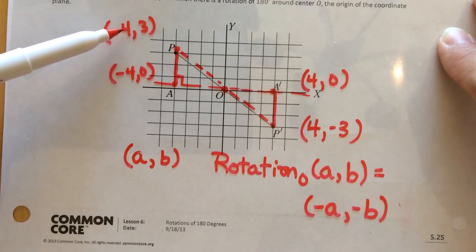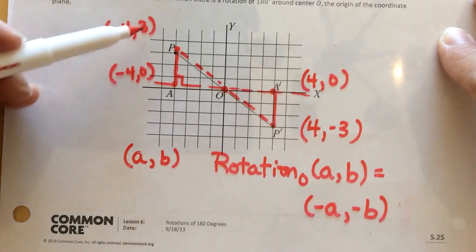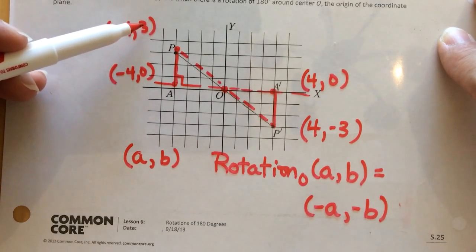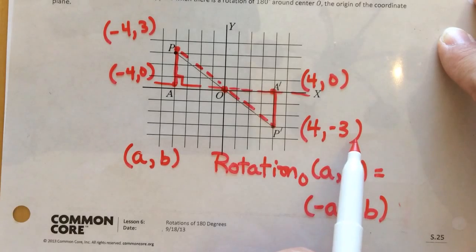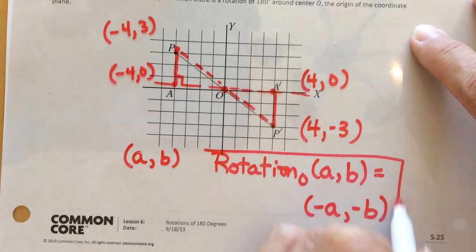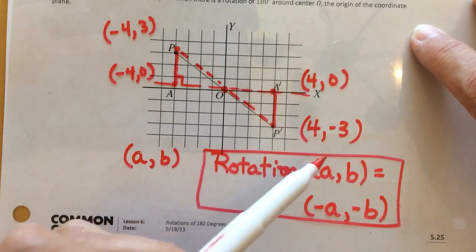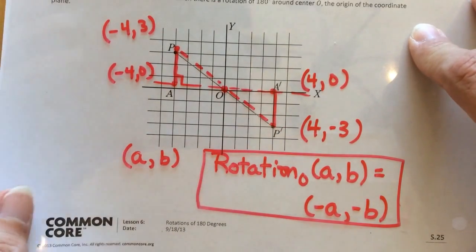So the opposite of -4 would be +4. B is +3, and the opposite of +3 is -3. So we're going to use this notation to help us figure out the coordinates of a rotated point.